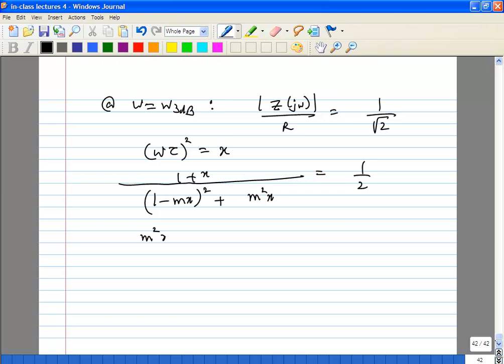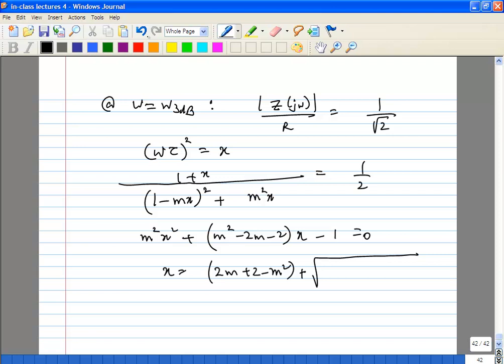What you'll get is m squared x squared minus 1 equals 0. Then you can solve this again. X equals 2m plus 2 minus m squared plus root of the same thing squared plus 4m squared, over 2m squared. X is nothing but omega tau the whole squared, so you take the positive root.